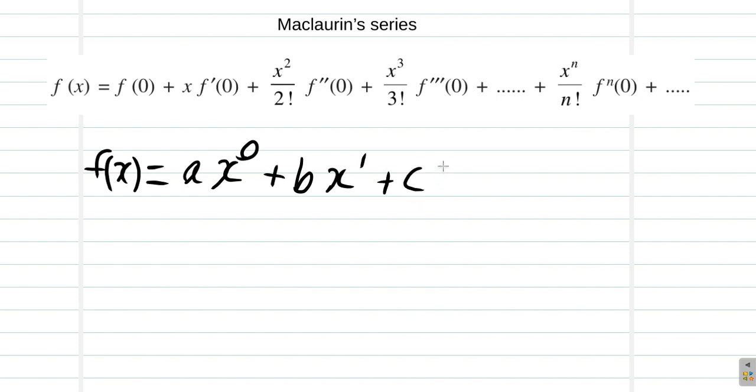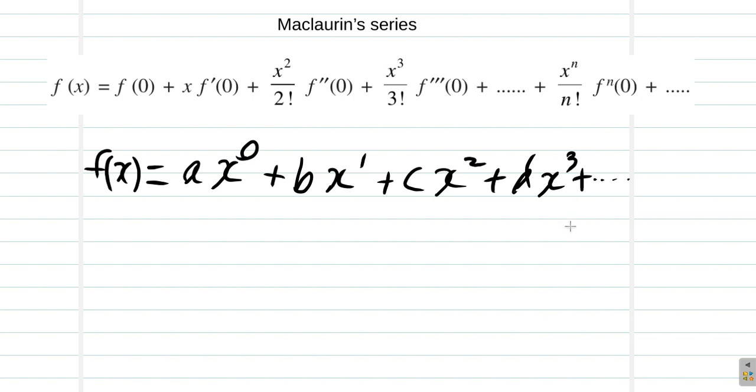These numbers are constants, right? c x to the power of 2 plus some other number, x to the power of 3 plus, and so on and so forth. It's an infinite series, and x is the variable here. x is raised to integral powers, so it's called a power series.